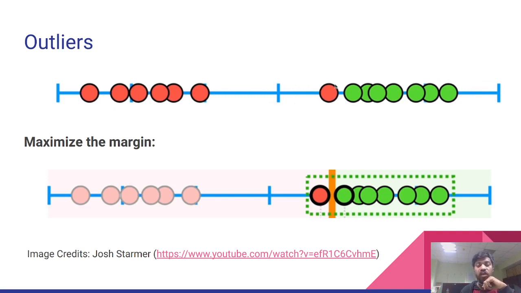But if we blindly put this line in the middle of these two classes, what will happen? The point will be here. Is it right?